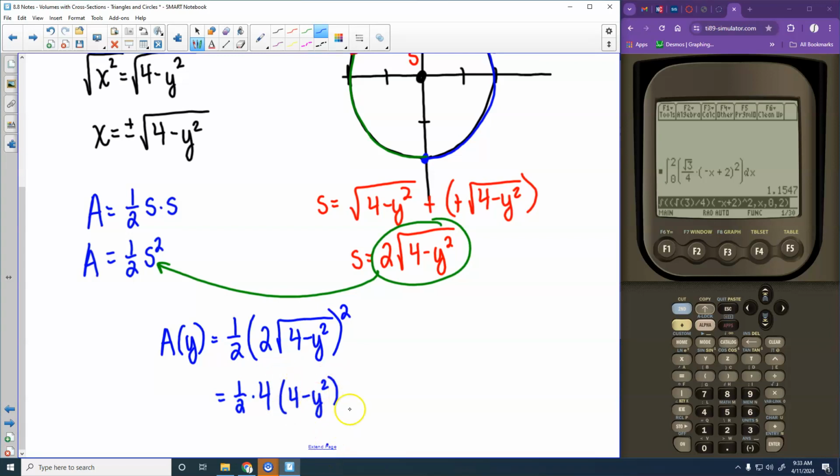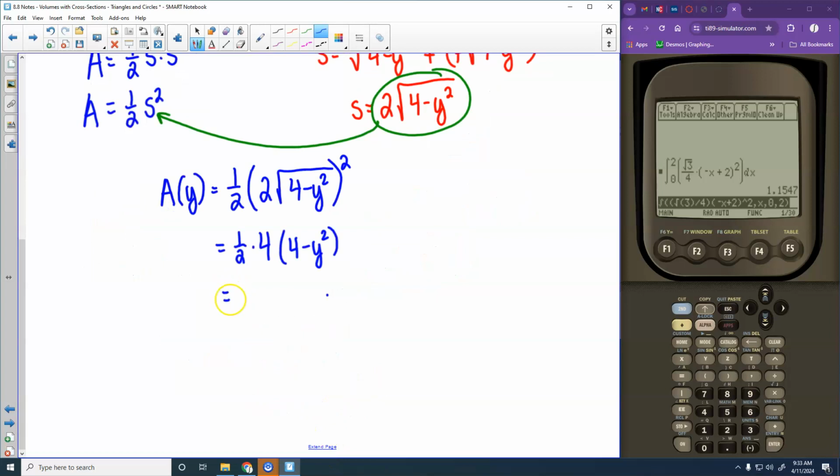If you had to do this one by hand, it actually ends up not being that bad because it's just 2 times 4 minus y squared, which if you want to write it is 8 minus 2y squared. That is our A of y formula. This is our area formula for this case.